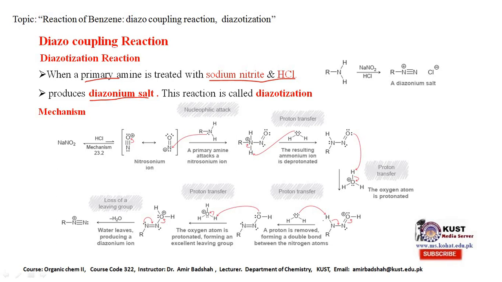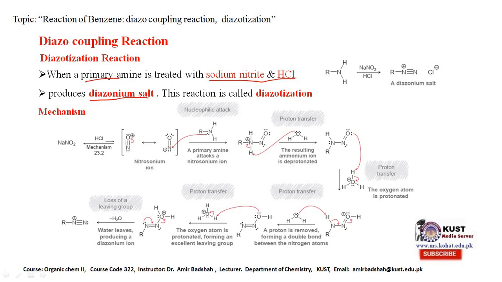Then this hydrogen is abstracted and a double bond is formed between these two nitrogens, and this double bond is shifted here. Again this oxygen is protonated in order to make it an excellent leaving group.